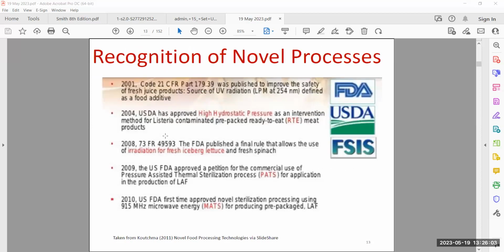Okay, so recognition of novel processes in the United States of America is a bit harder, to give the consumer or even the USFDA confidence in novel non-thermal treatment. Even in Malaysia, the awareness of the consumer is still very low.